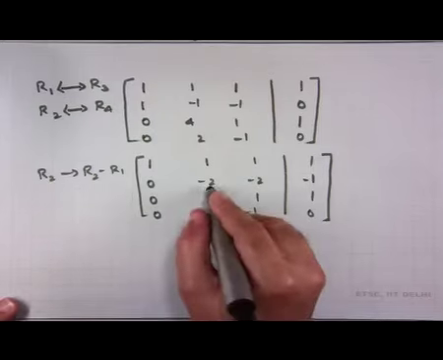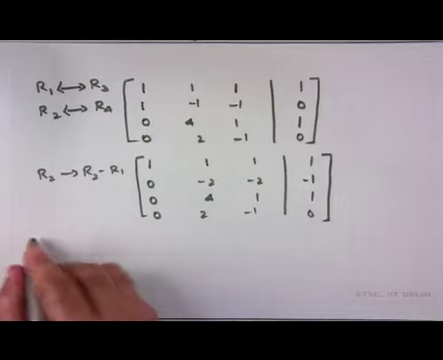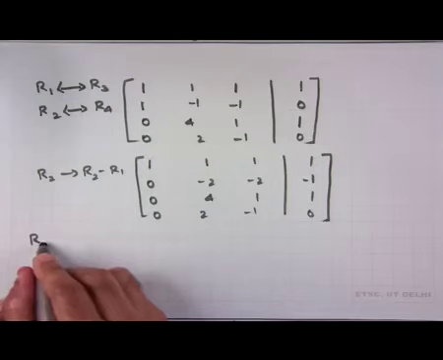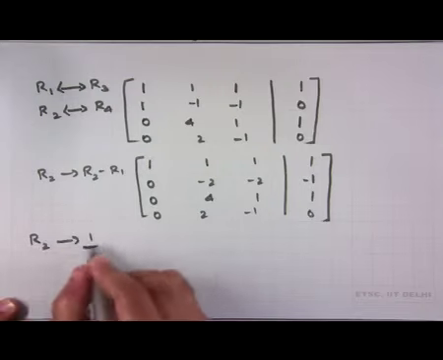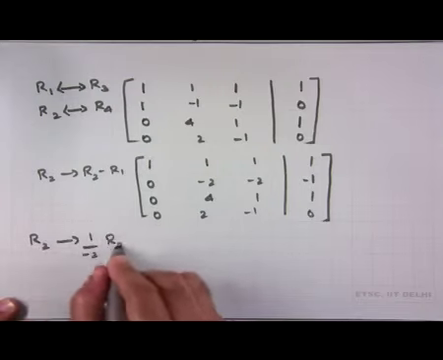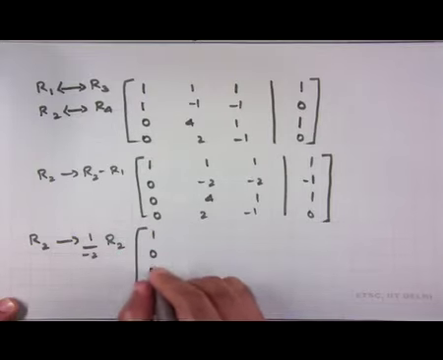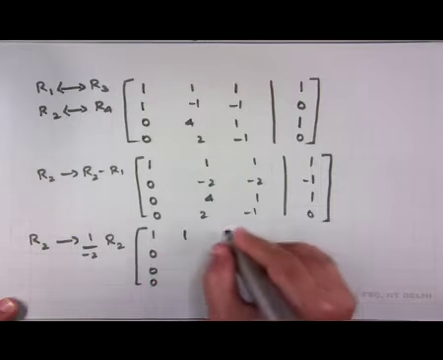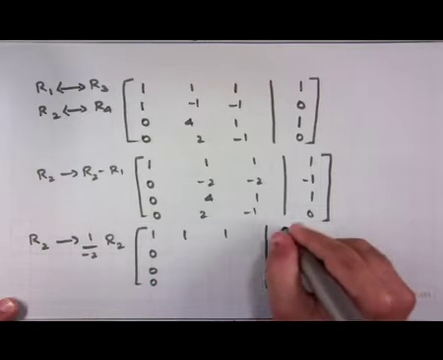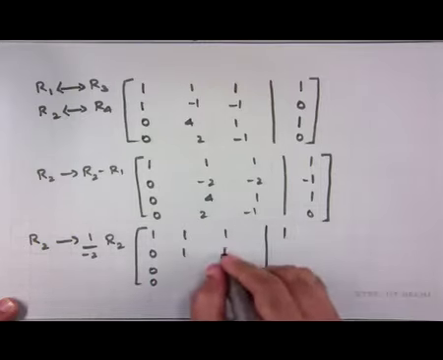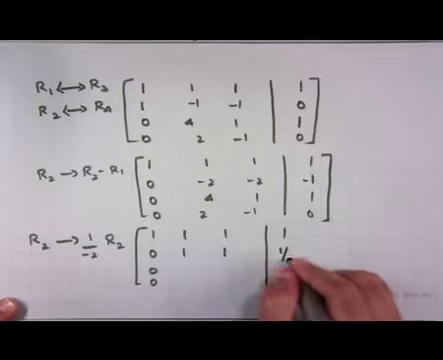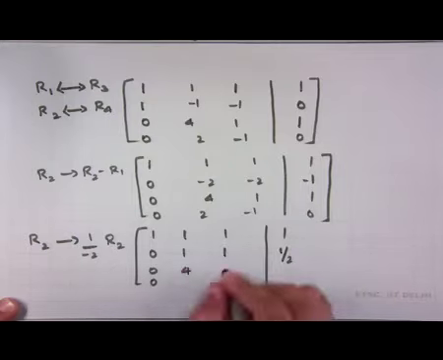Now, let us convert this minus 2 into 1. R 2 is replaced by 1 by minus 2 times R 2. The first column remains unchanged, first row also remains unchanged, second row you have 0 1 1 and then half, third and fourth remain unchanged.